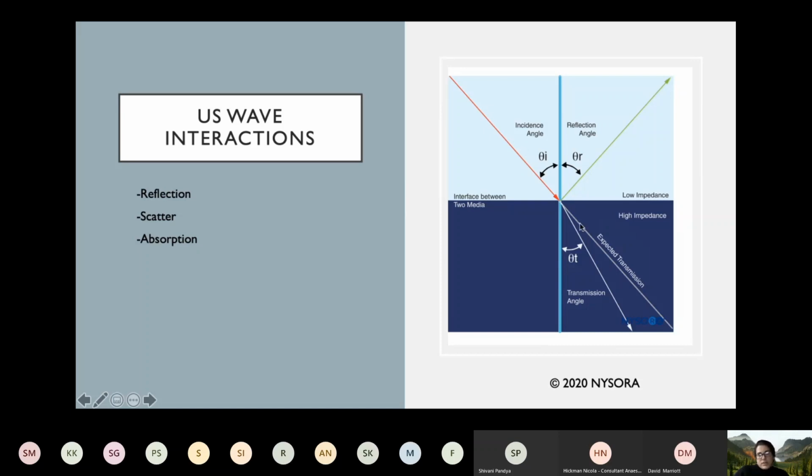A proportion of the sound waves will be reflected, at this angle here, but also a proportion will be transmitted, and a proportion of the transmitted ones will be transmitted at a different angle. This is important because it can lead to artifacts. I don't know if you've ever seen images where people are using ultrasound and you get mirror images in your picture.